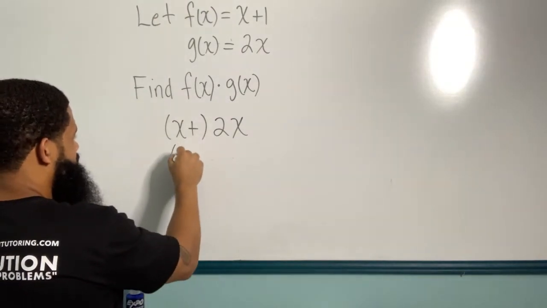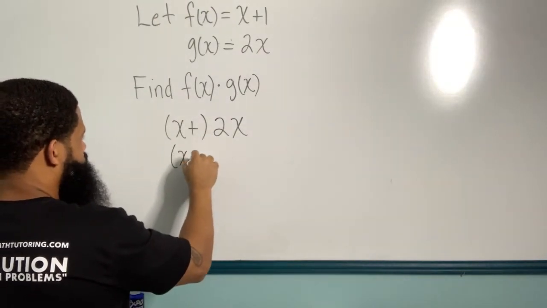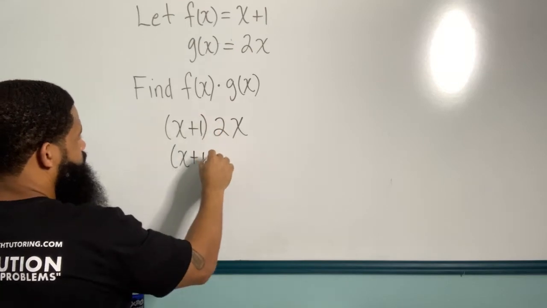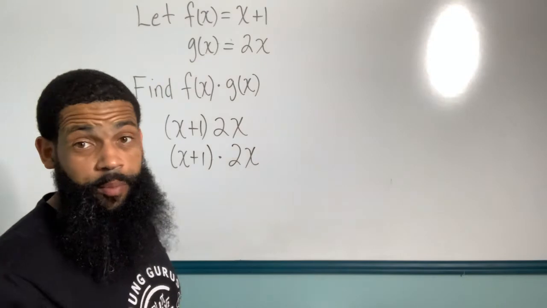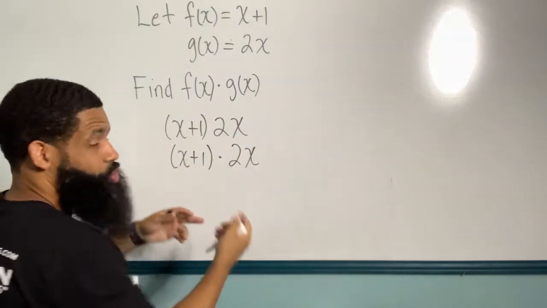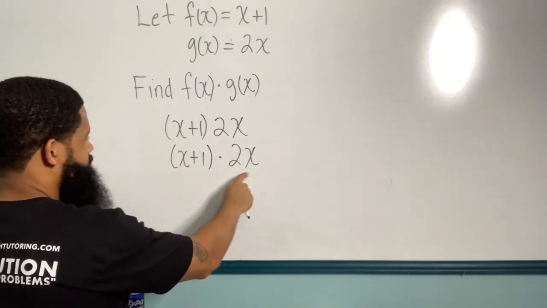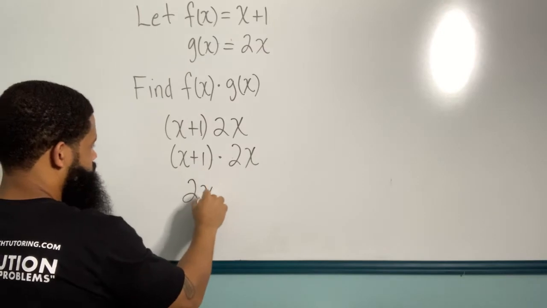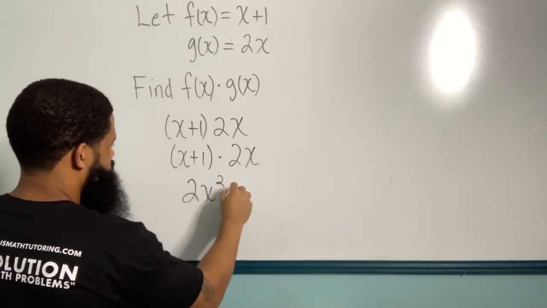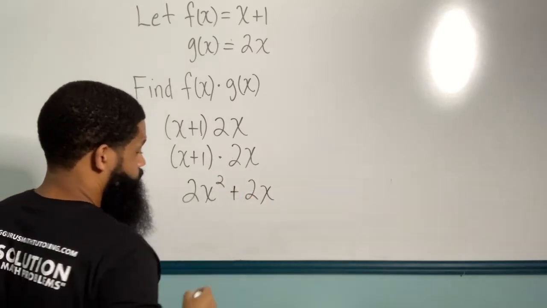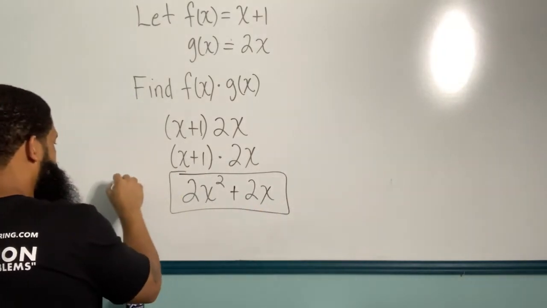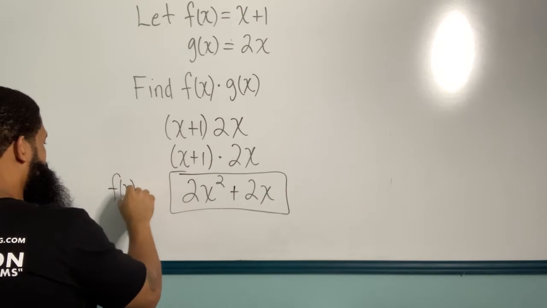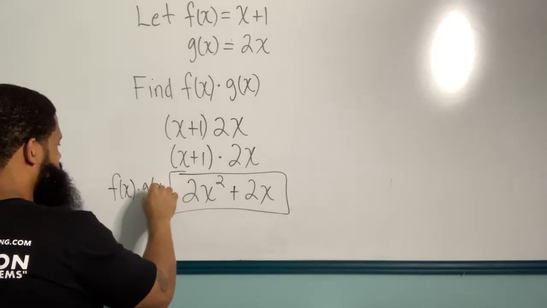So we could also say x plus 1 times 2x. You're still going to get the same answer. Notice we can use the distributive property. So x times 2x is 2x squared, and then 1 times 2x is 2x. And that's it. So that's f of x times g of x.